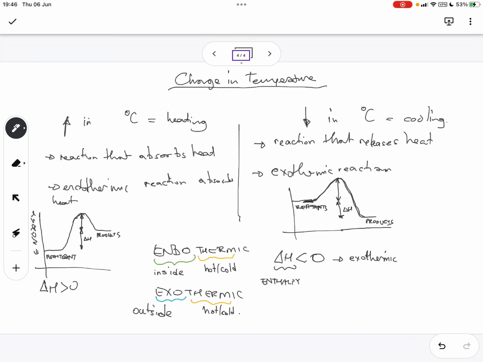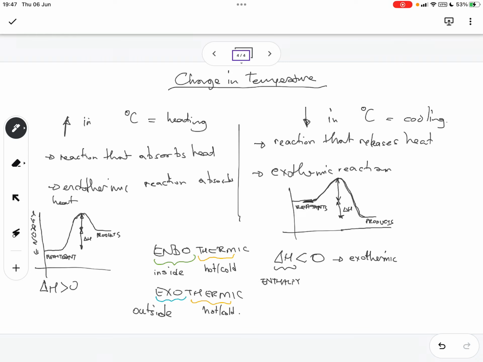In the case where the change in temperature is a drop, or there's a cooling in the system, the exothermic reaction would be favored. The reaction favors the release of heat, because the reaction would want to give off heat since the conditions around it are cool enough.